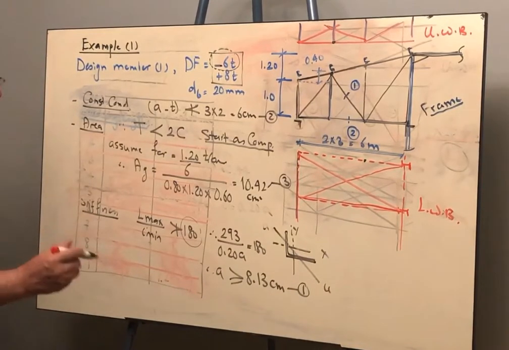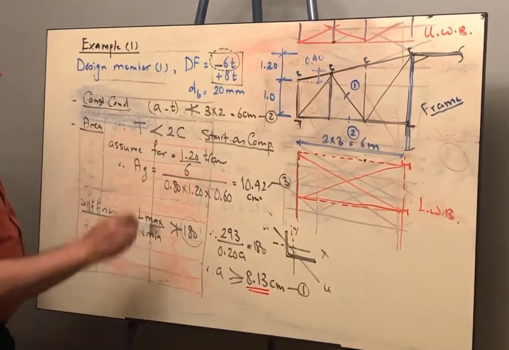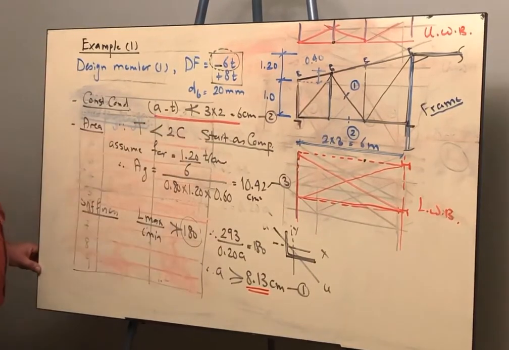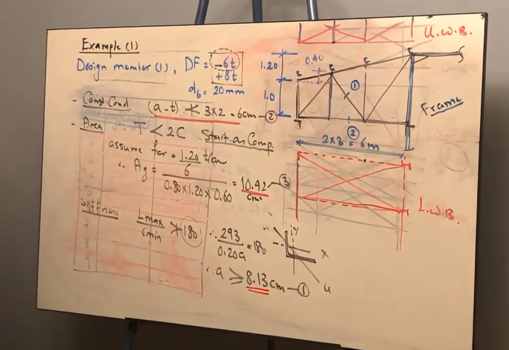The first condition is that the angle leg should not be less than 8.13. The difference between the angle leg and the thickness should not be less than 6 centimeter. And the third condition, the area of one angle should not be less than 10.42.